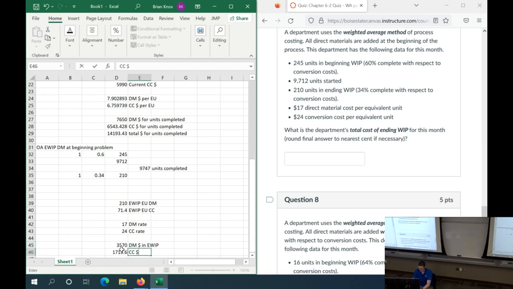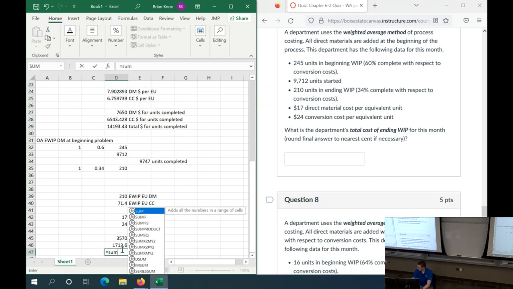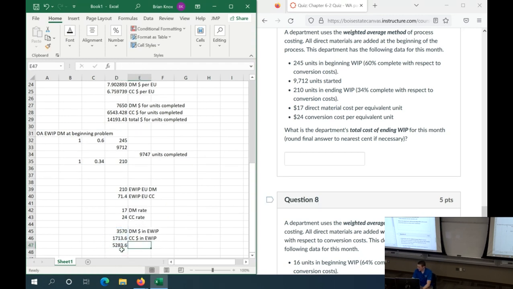This is our conversion cost in ending WIP. So it's asking for total cost ending WIP, so we'll sum those two. That should be our answer right there. Which one, sorry? This 210 here? Yeah, the physical units in ending WIP times the 100% complete that they are.